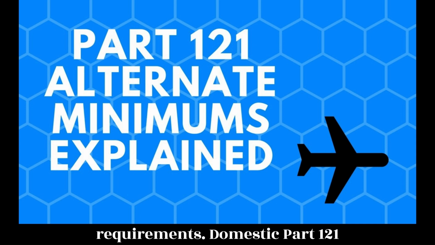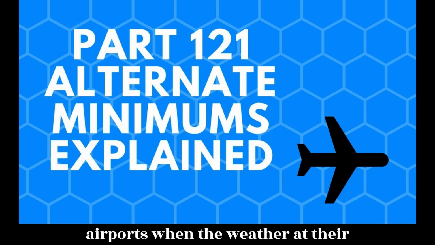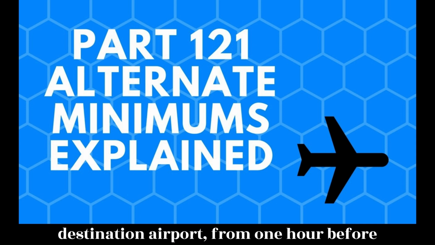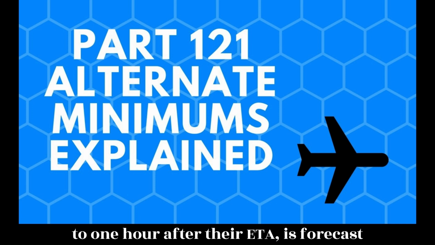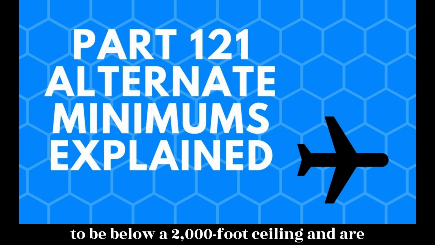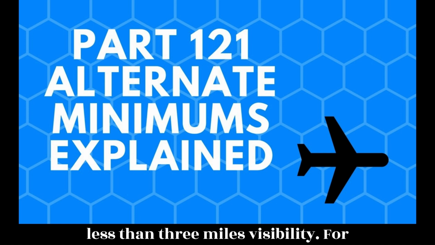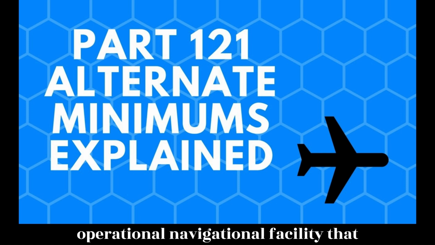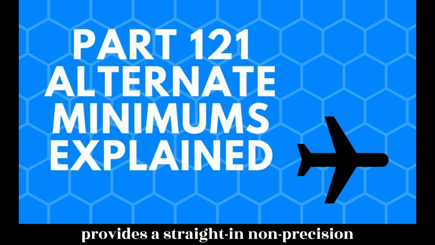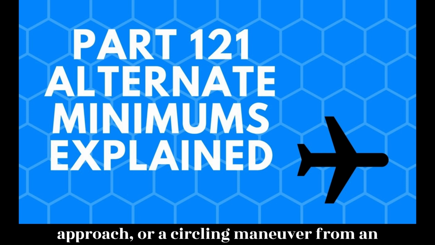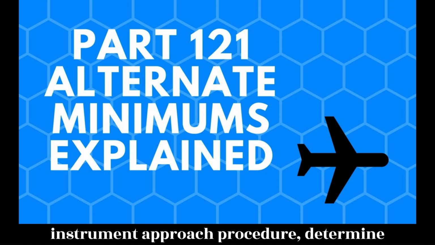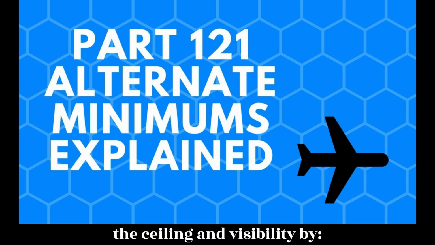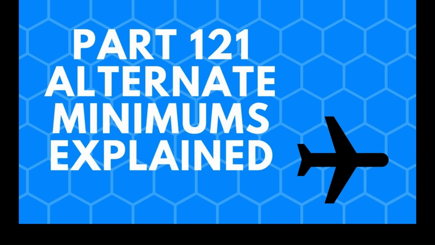Domestic Part 121 operators must also file for alternate airports when the weather at their destination airport, from 1 hour before to 1 hour after their ETA, is forecast to be below a 2,000-foot ceiling and or less than 3 miles visibility. For alternate airports with at least one operational navigational facility that provides a straight-in non-precision approach, a straight-in precision approach, or a circling maneuver from an instrument approach procedure, determine the ceiling and visibility by 1.